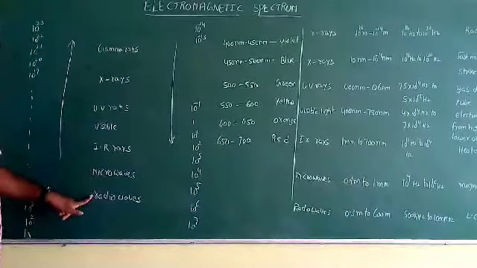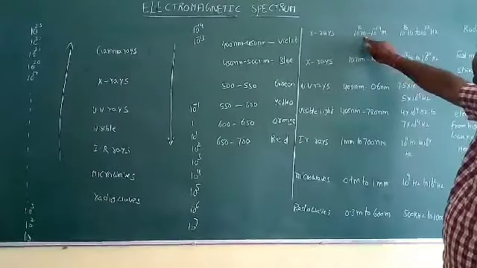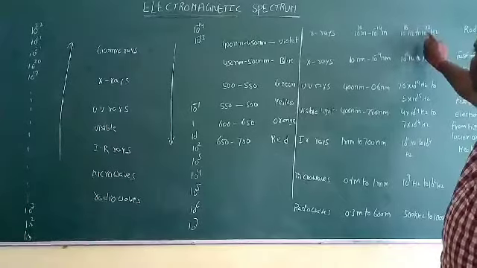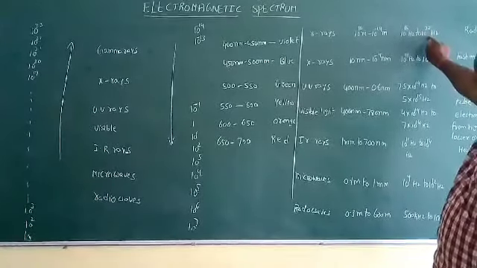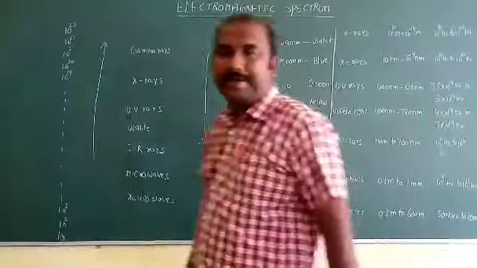Its wavelength range is 10^10 meters to 10^-14 meters, and its frequency is the highest one, 10^18 Hz to 10^22 Hz. These gamma rays are formed due to radioactive decay.